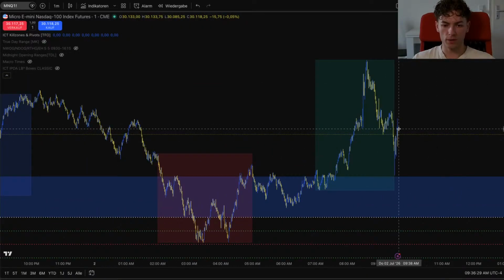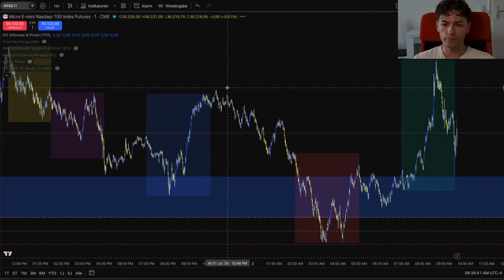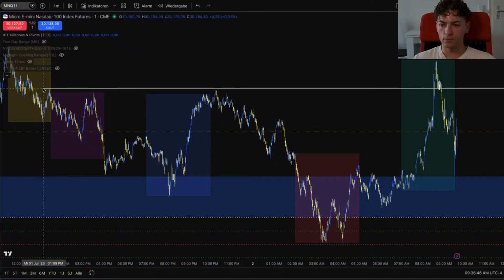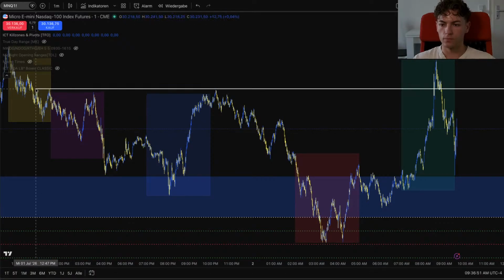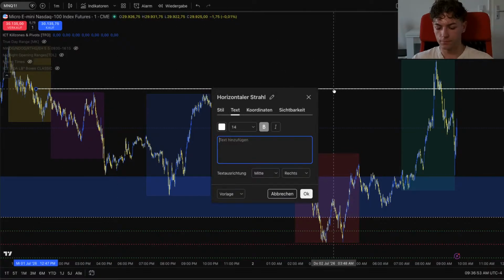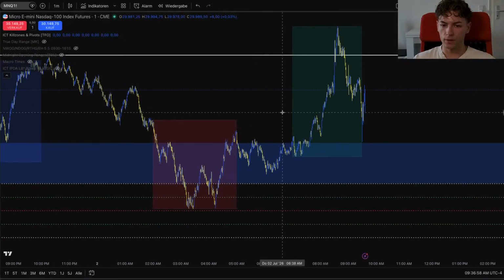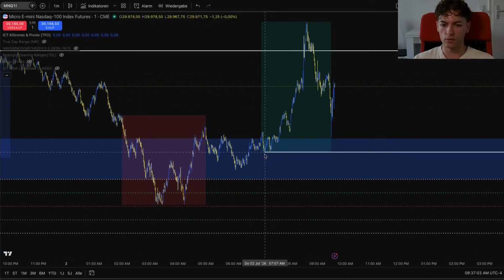So let's drop down into the 1 minute chart and see what we've got. We've taken out buy side. And down here, that's the nearest sell side liquidity, the pre-market lows.